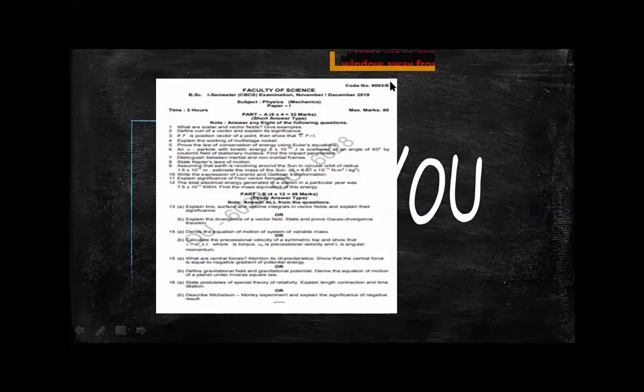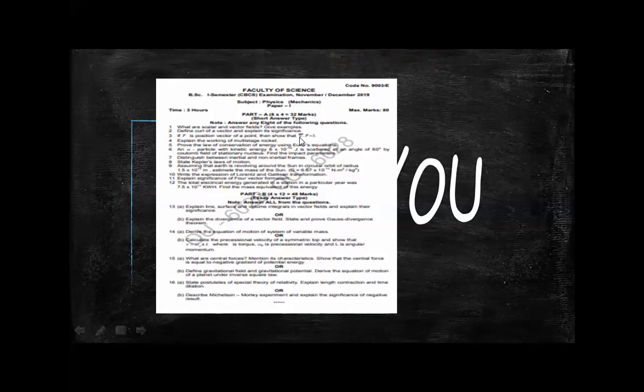In the second section, you can see 4 questions with alternate choice. 4 into 12, 48 marks. Total marks 80. Then 20 marks for the lab or homework assignments, so based on that we get 100 marks.